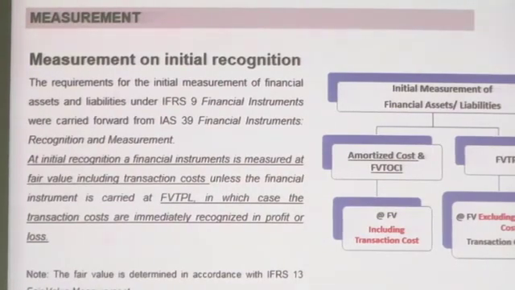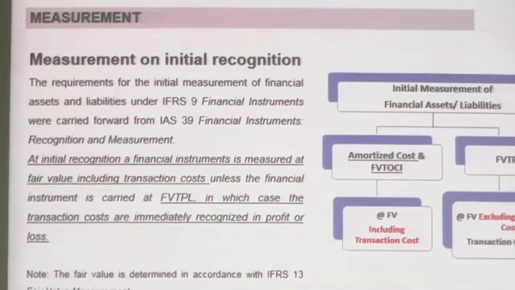Okay, that's the one part of the initial recognition, that is accounting for day 1 gain no loss, right? Other part is transaction cost. You have stamp duties, you have legal fees, broker fees, everything. Transaction cost.